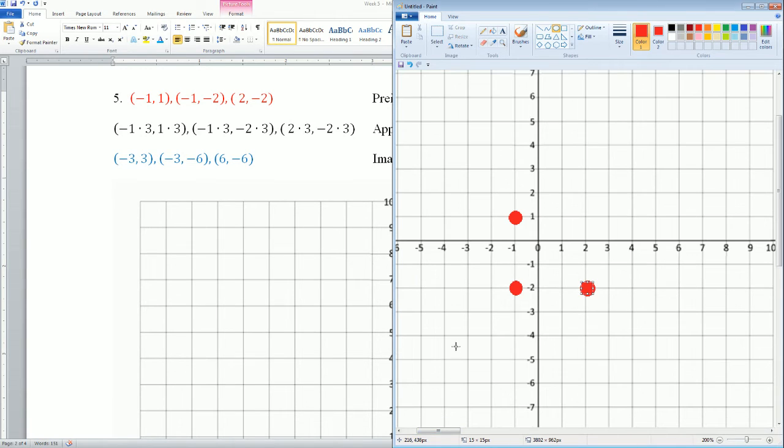Those are your 3 points. Okay. Connect the lines. Looks again like a right triangle. Try to make that as neat as possible.